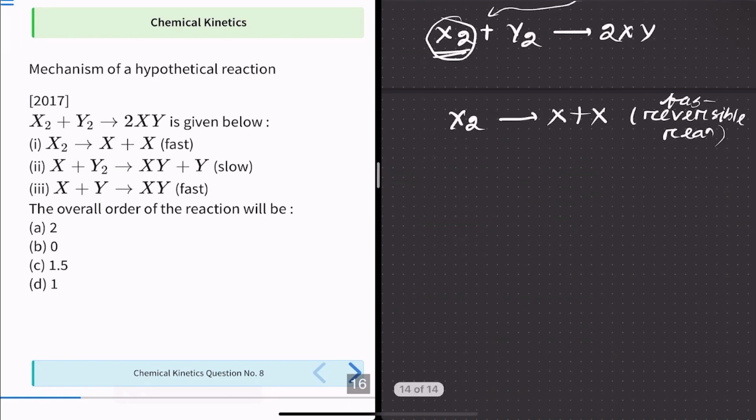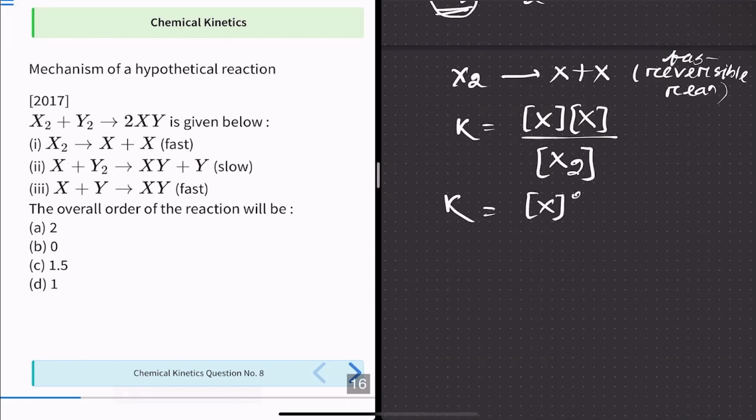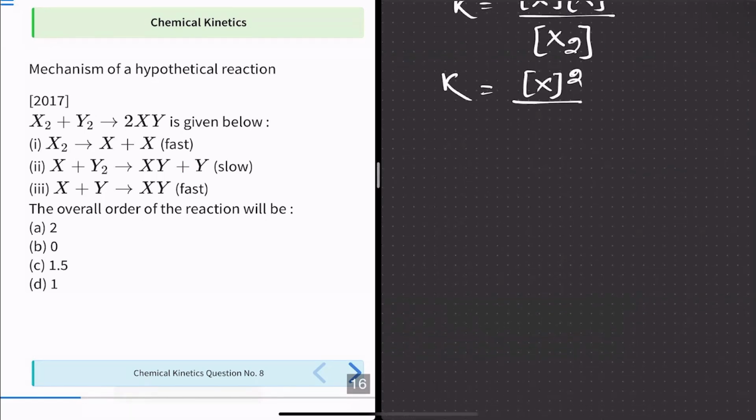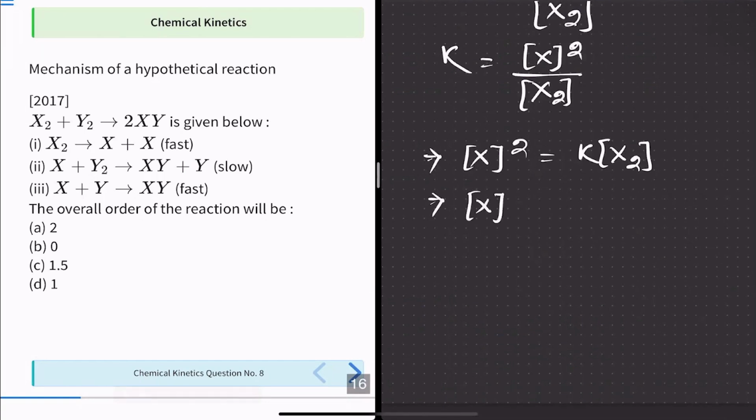So the equilibrium constant would be K equal to X into X divided by X2. K equal to X square divided by X2. So X square equal to K X2. X would be K X2 to the power half. So X is converted into the form of X2.